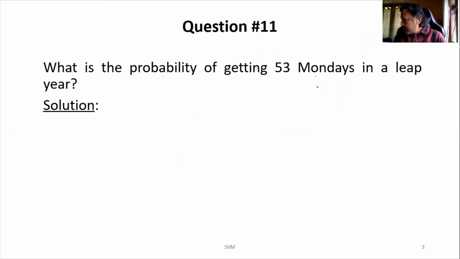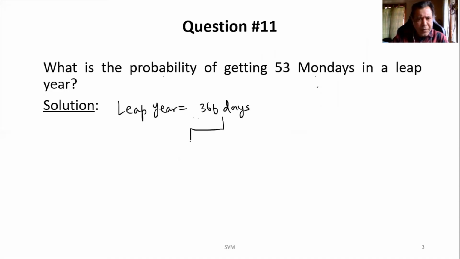So next question is, what is the probability of getting 53 Mondays in a leap year? We all know leap year consists of 366 days, 1 day extra which will occur in the month of February, right? If I convert this into weeks, how can it be split?